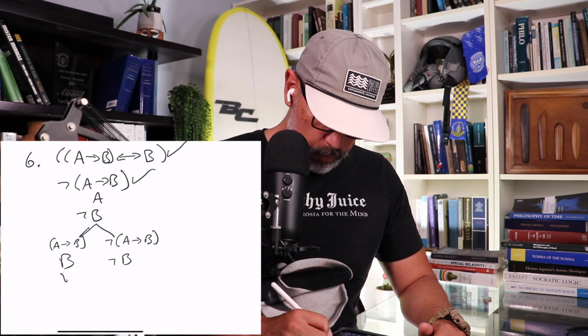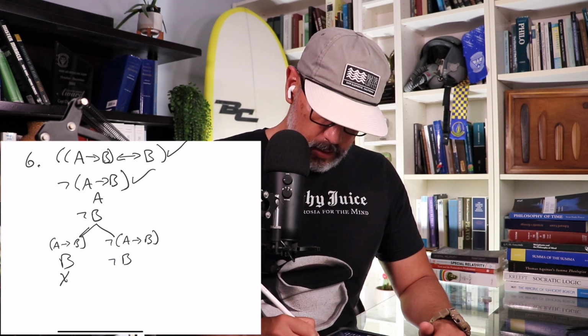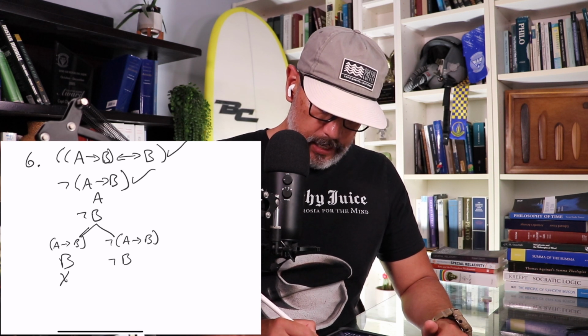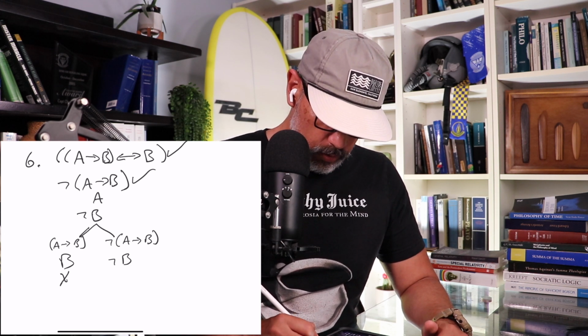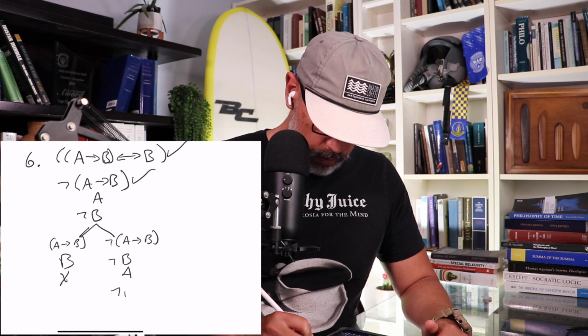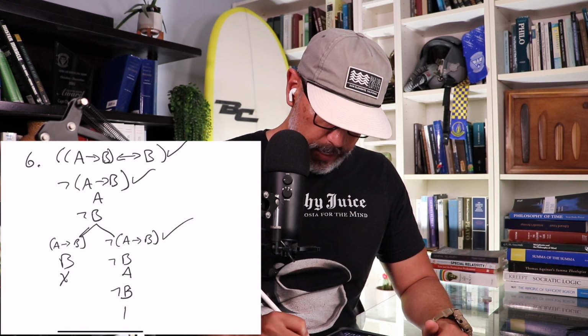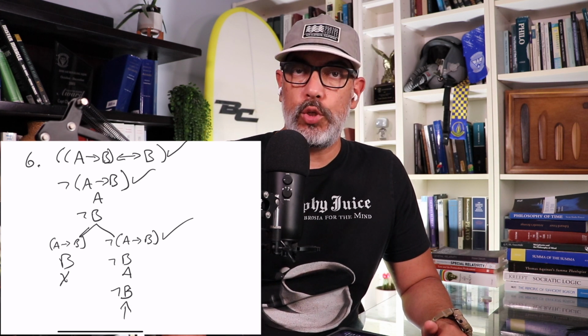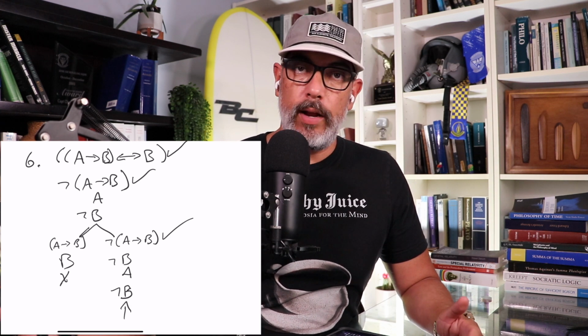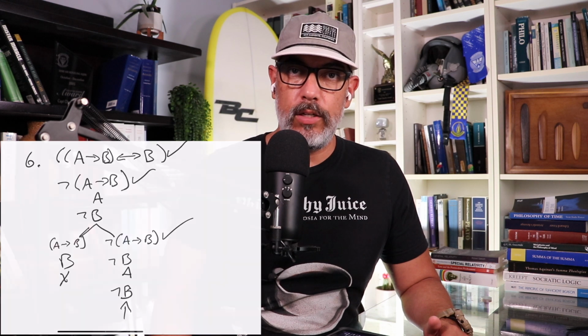And it looks like we have a closed branch on the left. And then we have to do the negation of that conditional. But that is an open branch, so these two propositions are jointly satisfiable. That means we don't have to check and see if they're contraries or contradictories.